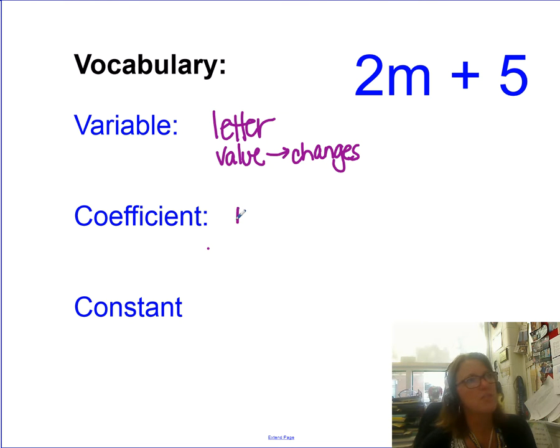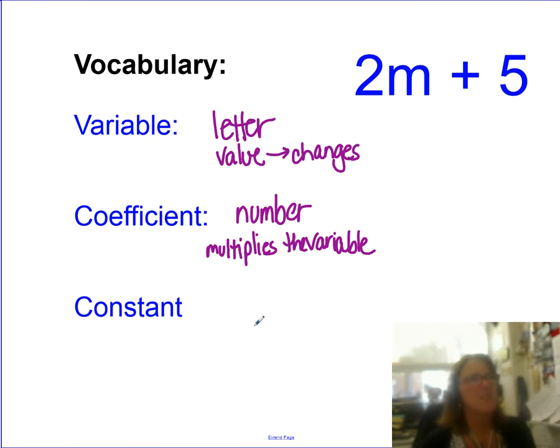Here's what a coefficient is. Unlike a variable, a coefficient is a number. But specifically, it is a number that multiplies the variable. Multiplies the variable. Okay, so it's a number and it multiplies the variable.